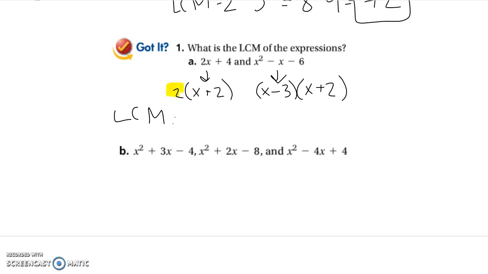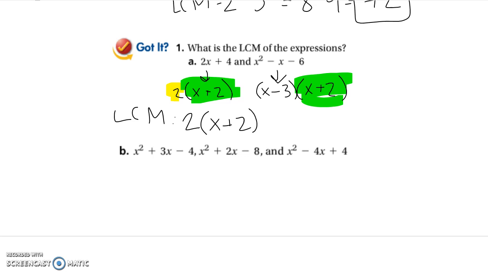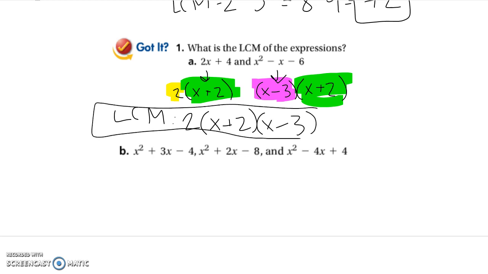So we have a factor of 2, that's part of our least common multiple. We have a factor of x plus 2. The highest power of that we see is 1. So we need a factor of x plus 2. And then we have a factor of x minus 3, which also has a power of 1. So the least common multiple is 2 times x plus 2 times x minus 3.